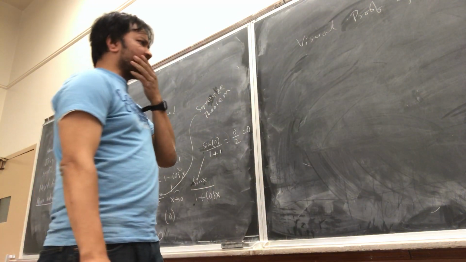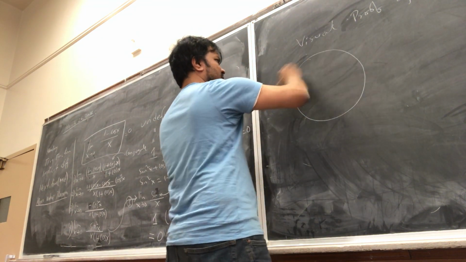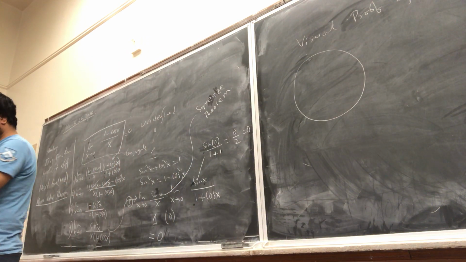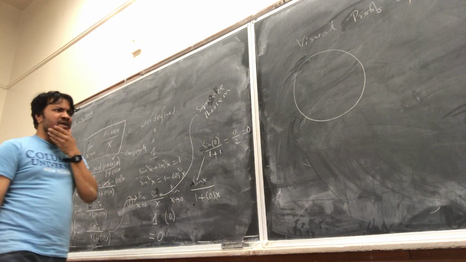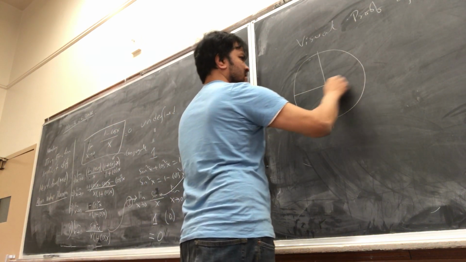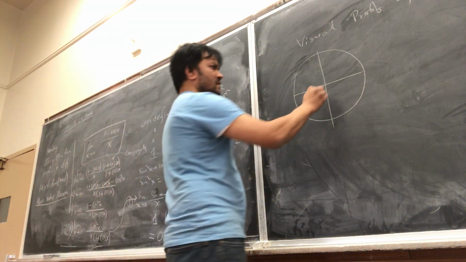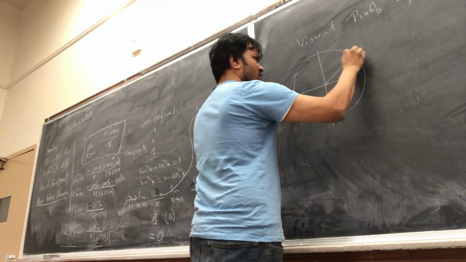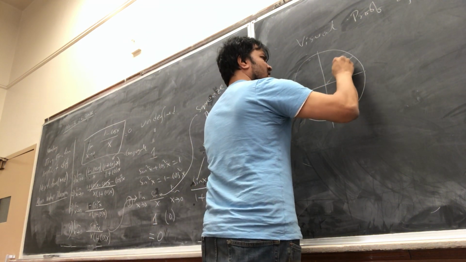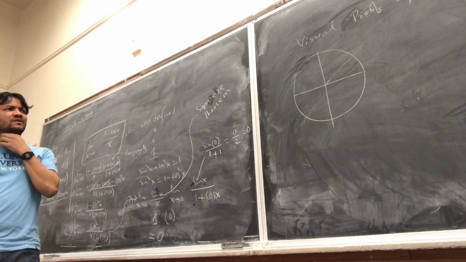Let's draw a unit circle. A unit circle has how many quadrants? 4. Okay, we can divide it into 4 quadrants. Let's draw a line. Let it go outside the unit circle.